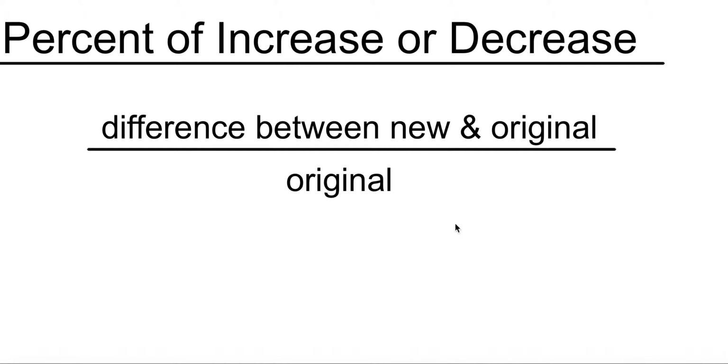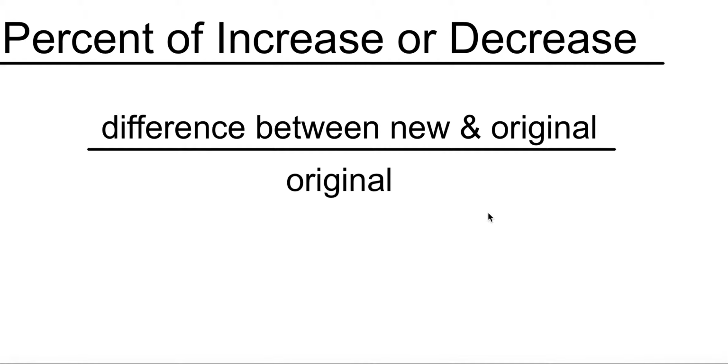So let's start with percent of increase or decrease. Increase just means something's going up, decrease means it's going down. And we have a little formula that we're going to go by. We want to find the difference between the new and the original divided by the original. And by new and original, I could be talking about lots of different things, but the primary example that comes to mind for me might be the price of something.